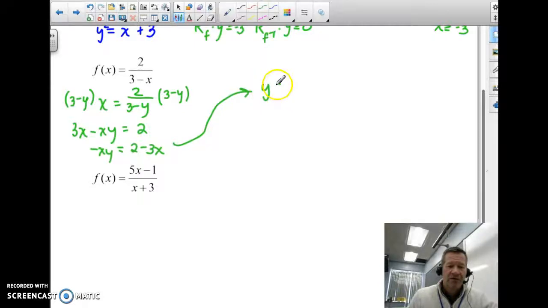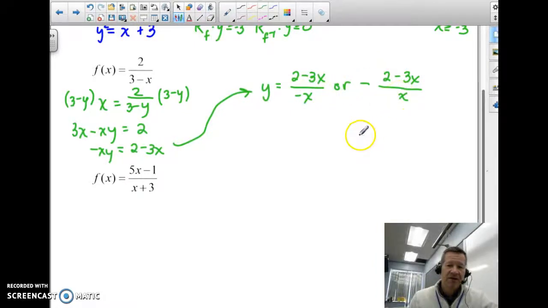So y would equal 2 minus 3x over negative x, or you could say it like this: you could say negative 2 minus 3x, putting the negative out in front, all over x, and that would also work. Okay, so f inverse of x is, and I'm just going to use the first version, 2 minus 3x over negative x.